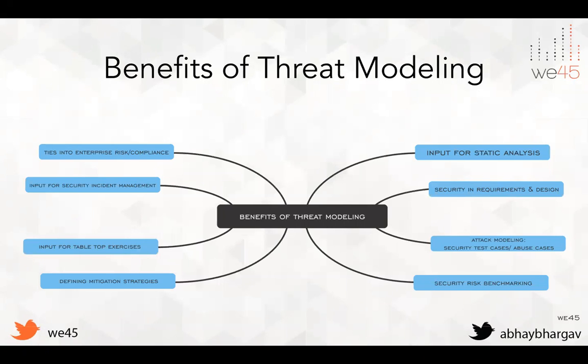Of course, one of the things I'm sure a lot of you agree with is the benefits of threat modeling. In my opinion, threat modeling really has a whole host of benefits. In fact, I feel that if you do a good job of threat modeling, you are pretty much achieving massive security values throughout your SDL or throughout your lifecycle, simply because you are able to find and address issues as early as possible. So you're not finding issues when the developer writes it. You're not finding issues when the build is created. You're not finding issues when it goes to production.